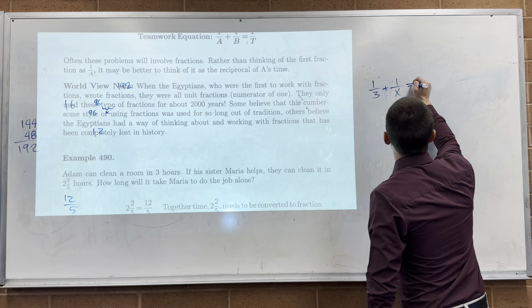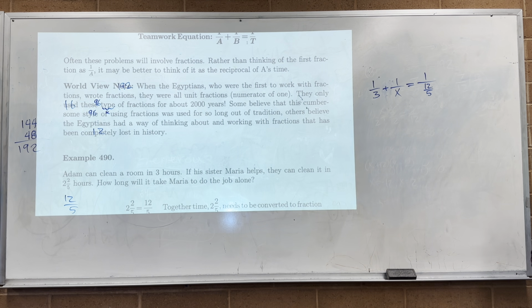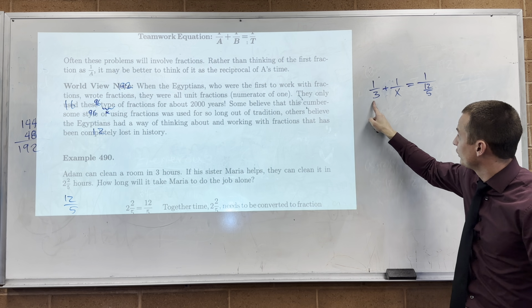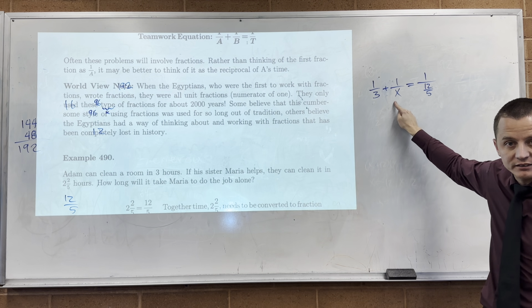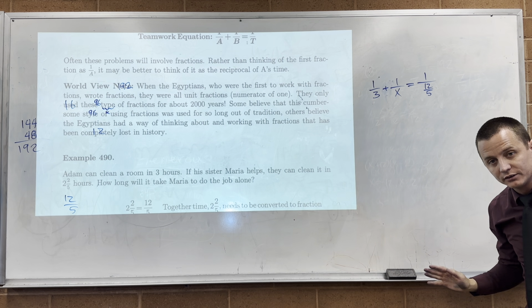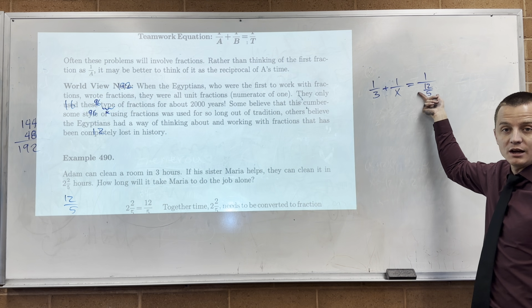So they can clean it in 1 over 12/5 hours. So they're able to do one room every 12/5 hours. I'm able to do one room every 3 hours. Maria's able to do one room every x hours, we don't know. The time it takes me, the time it takes Maria, the time it takes us together.